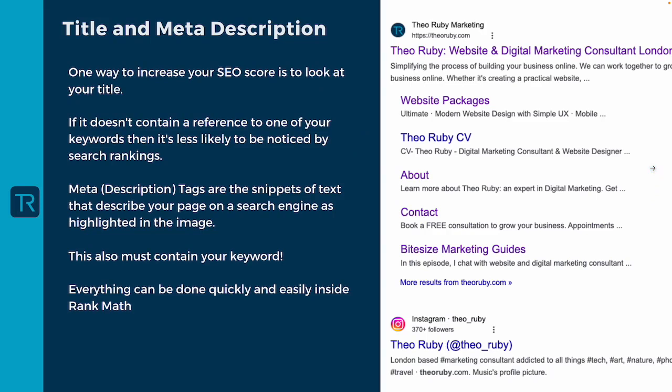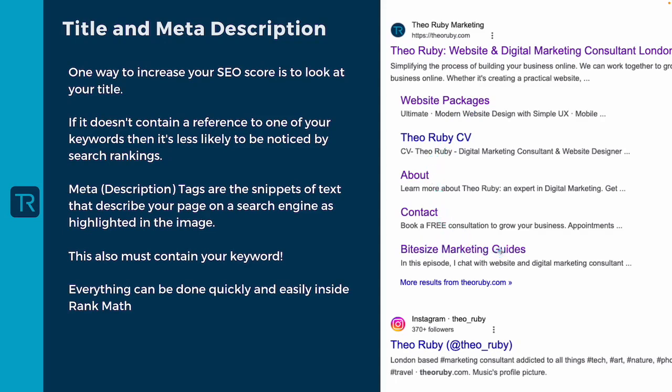As I mentioned, the title and the meta would appear on search for each of your pages, not just your home page. When you start to rank higher on search, Google will pick out a handful of pages. You can't pick which ones it's going to show, it does it automatically. But you can see here it's taken my website packages, my CV, my about, my contact, and my guides.